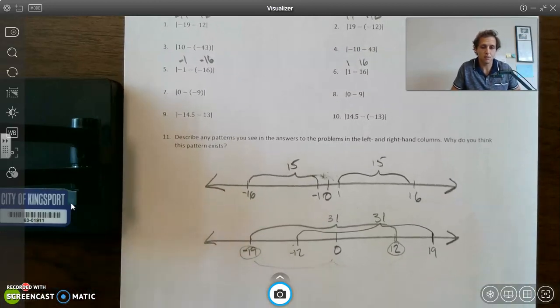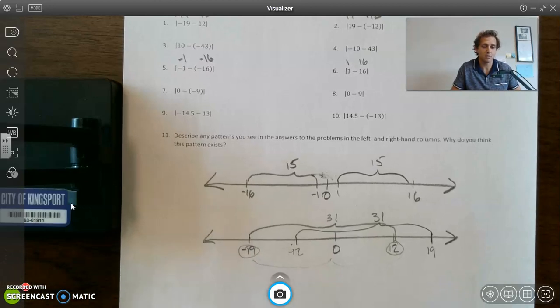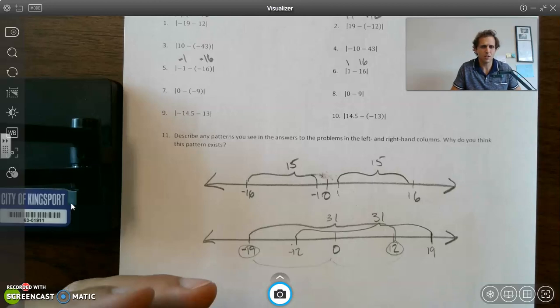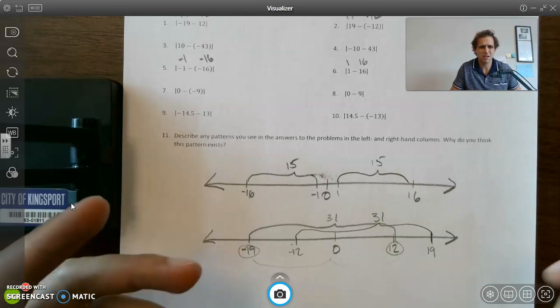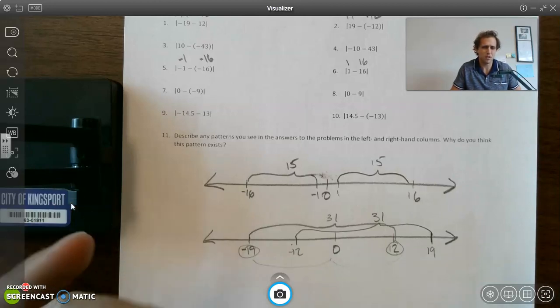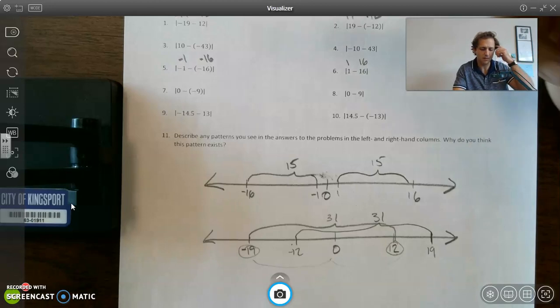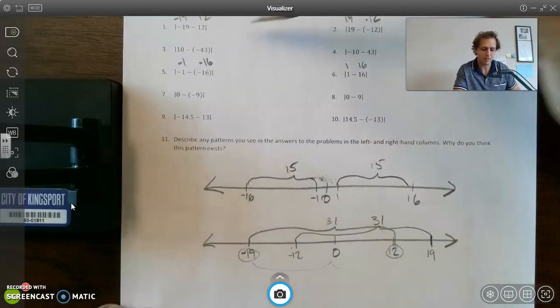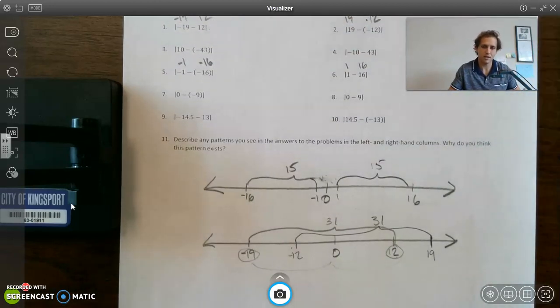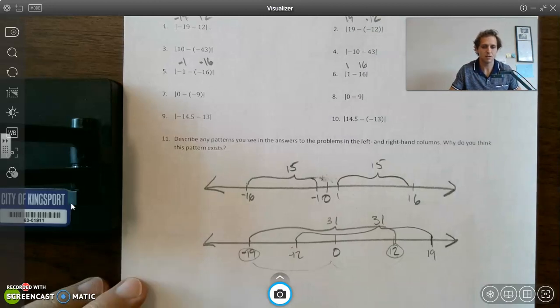It's not something to remember. It's not a tool that you'll necessarily use. You look at these answers and say, wow, how did we end up with the same answer on 1 and 2, on 3 and 4, on 5 and 6, on 7 and 8? Well, by making these numbers opposites, they were able to maintain the same distance between the two integers.